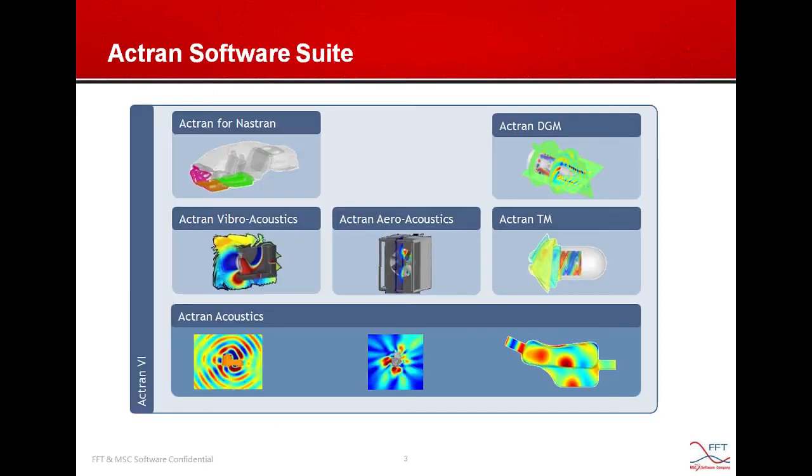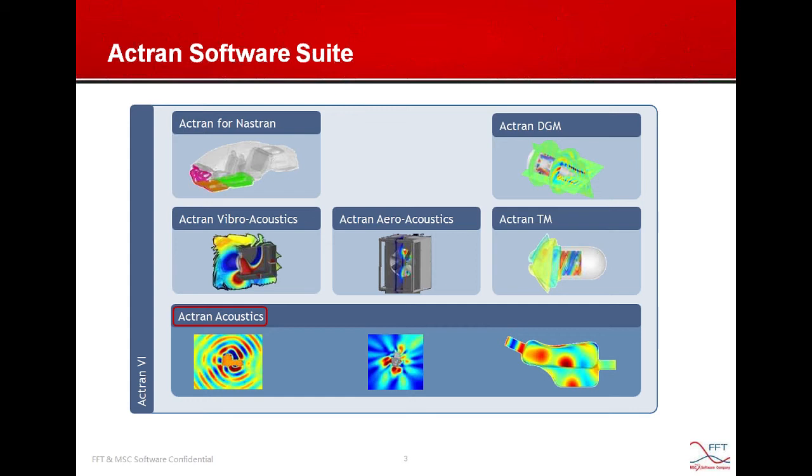So first, the Actran software suite. The Actran software is composed of different modules, as we can see on this slide. First, at the bottom, there is the Actran Acoustics module.